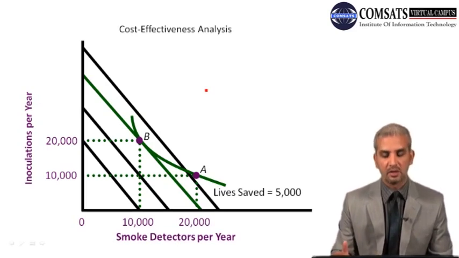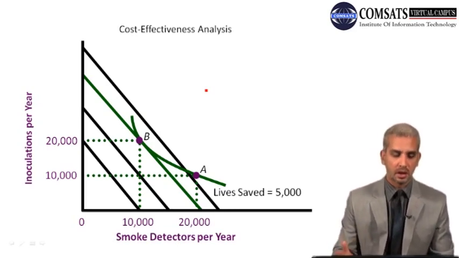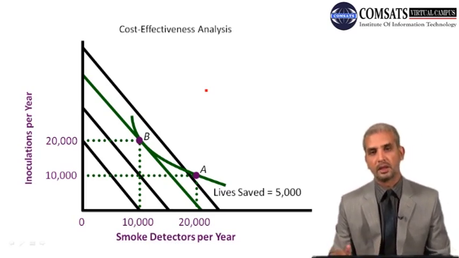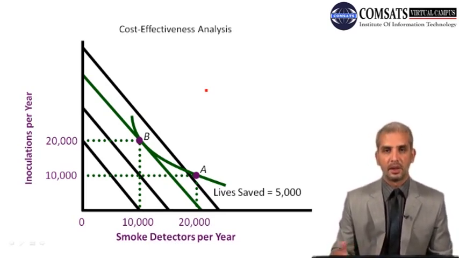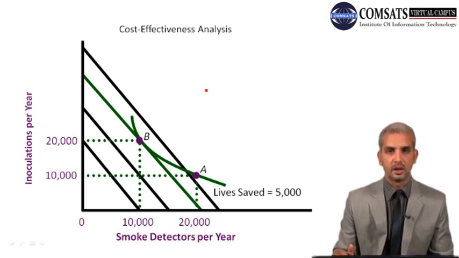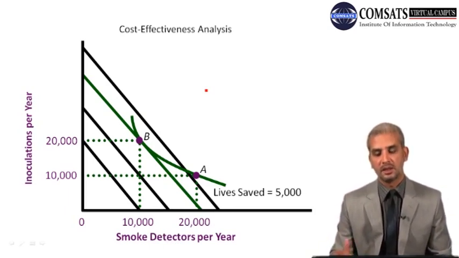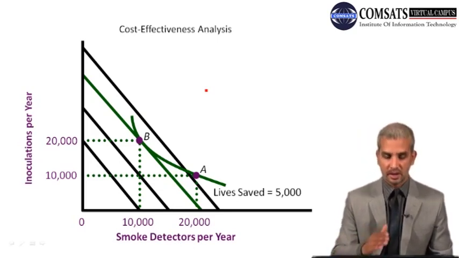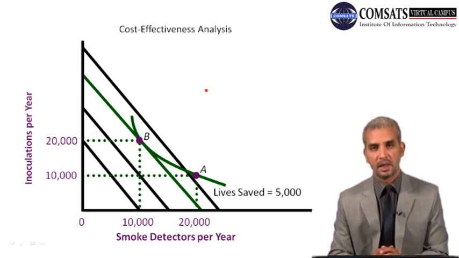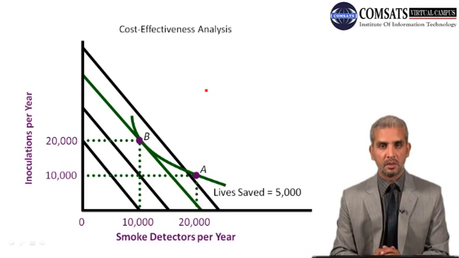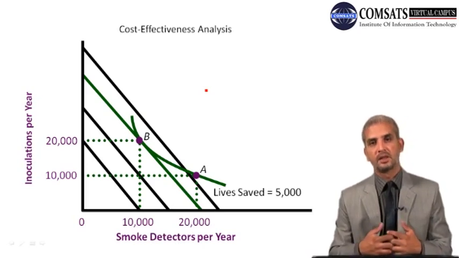If you want to increase the installation of smoke detectors, you need to reduce the quantity of vaccinations per year. So at point A we have increased the smoke detectors from 10,000 to 20,000 per year, and for that we have to reduce the vaccinations from 20,000 to 10,000. Both of these combinations will approximately save 5,000 lives. This is an ISO-QUANT represented by a convex curve showing the saving of 5,000 lives through taking up various government programs.